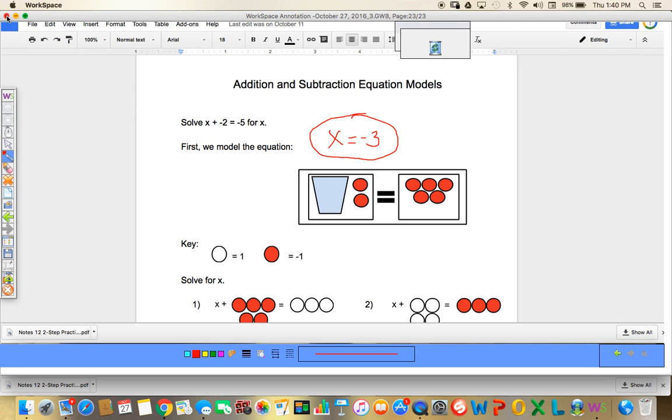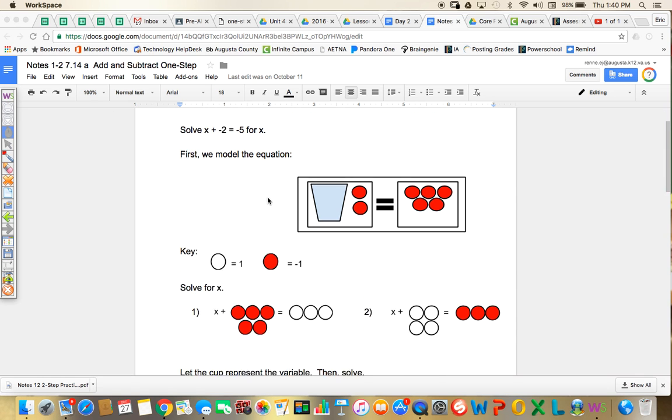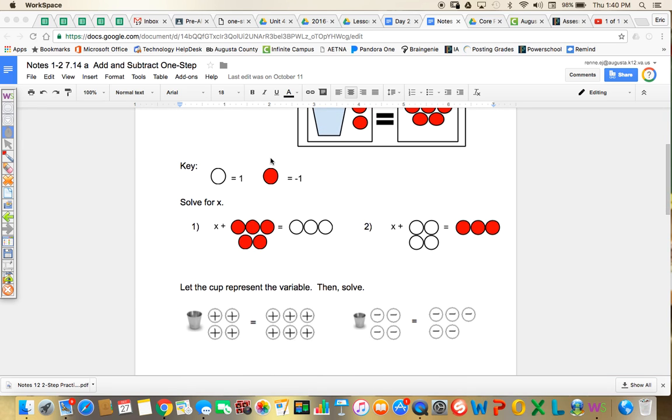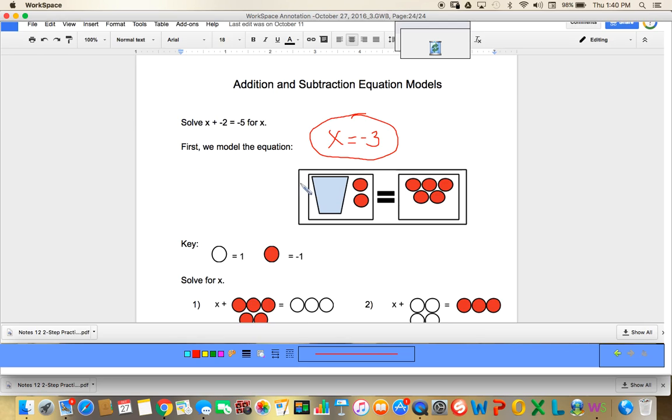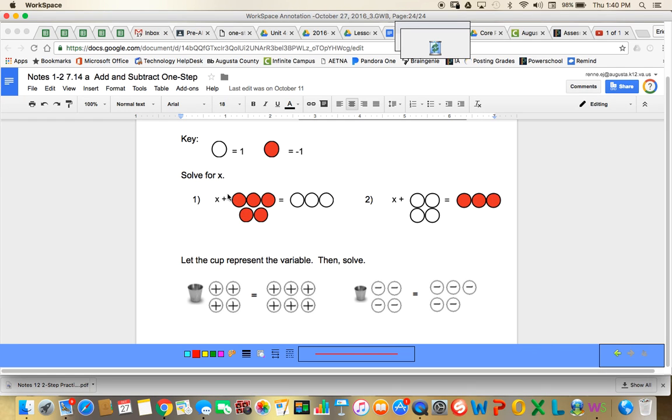Now, look down below and you notice there's a key. Open circles are positive. Red circles are negative. We're going to use the key to write an equation, and then we're going to come up with what x equals. So the first one, we have x plus -5 equals +3.